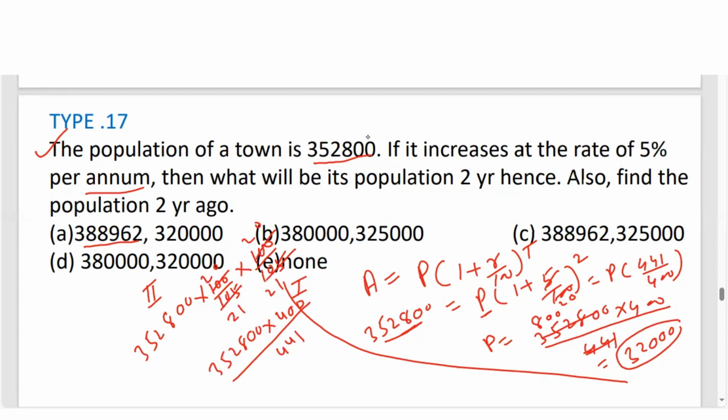Got it? So in only one line we got this value, and we can find it: again 8 cancels 800. So we got 32 and 4 times 0. So this option is the right answer. In this way, if we know the basic rule of any question, we can find the answer very logically and in a very short time. Thank you.